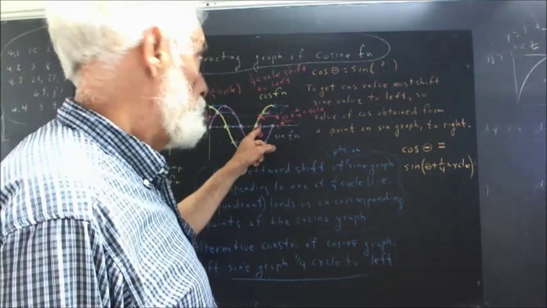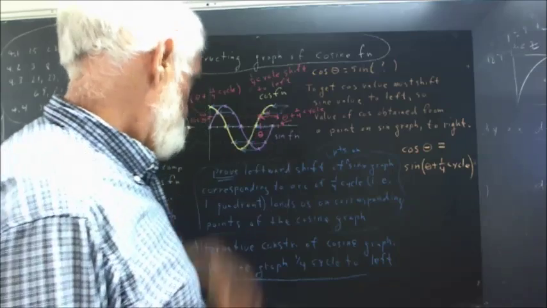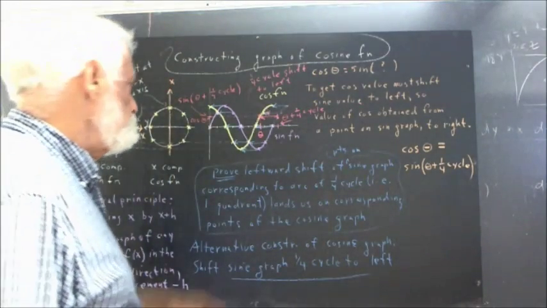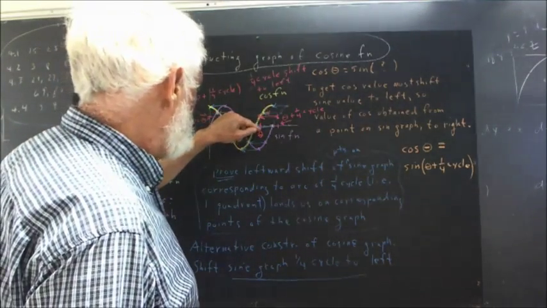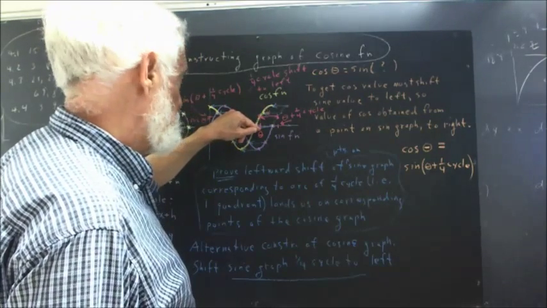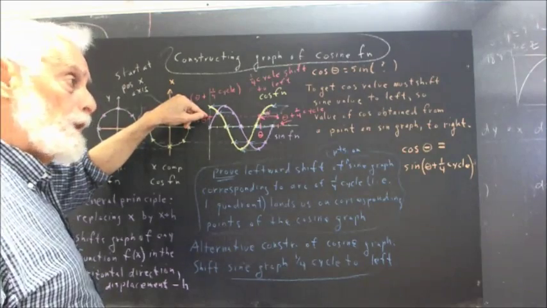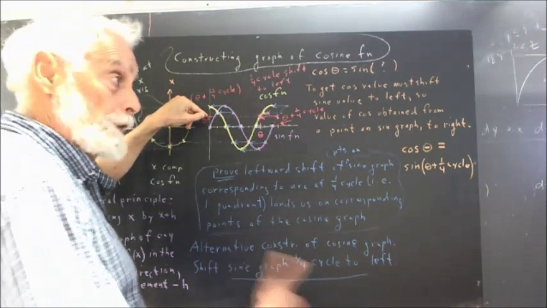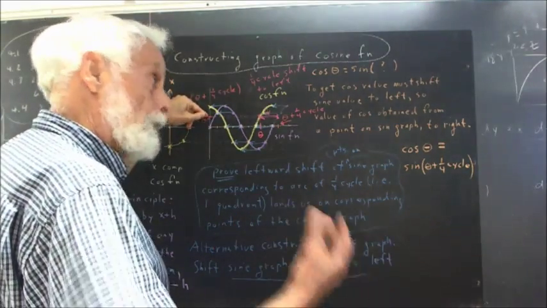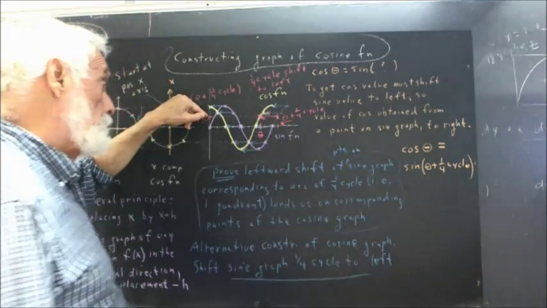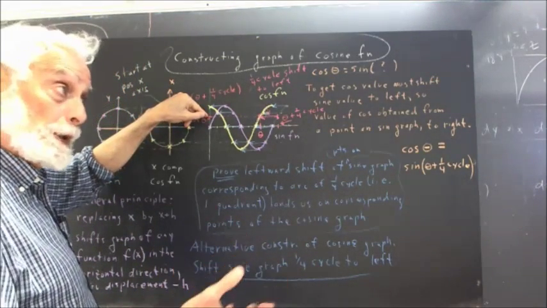So if theta is a position along this axis, well, the value of the cosine is, of course, obtained by going up here and over here. Okay, but the cosine isn't one of our basic functions. How do we construct that from one of our three basis functions for the elementary functions?